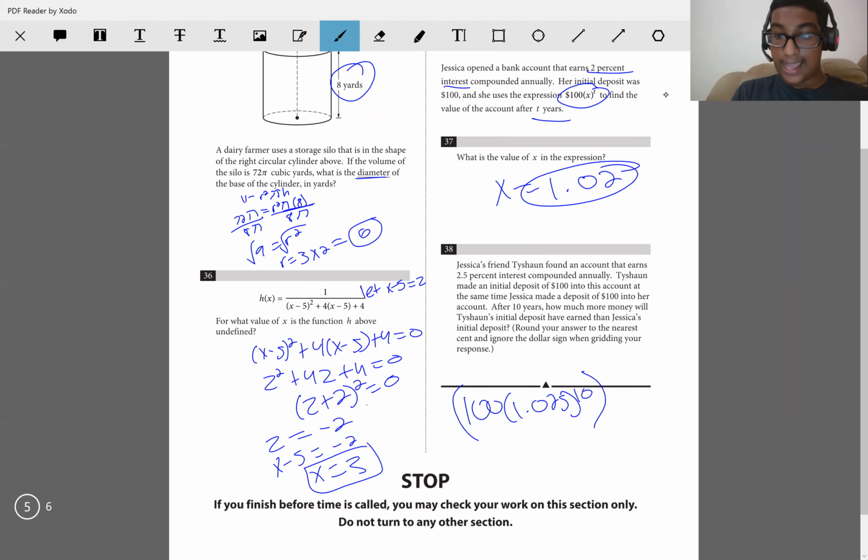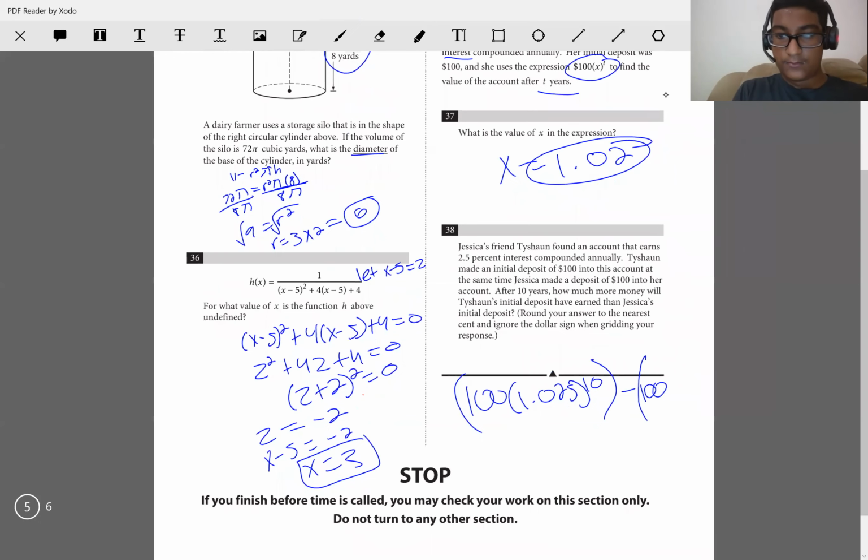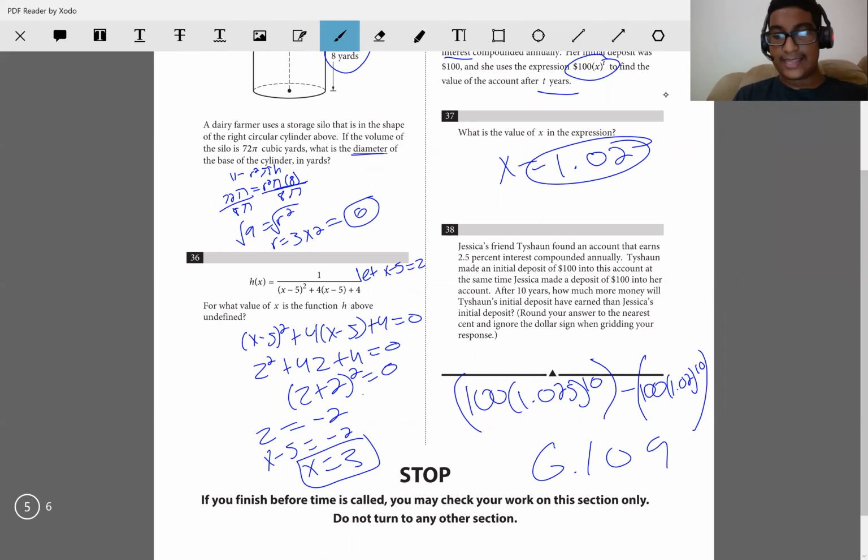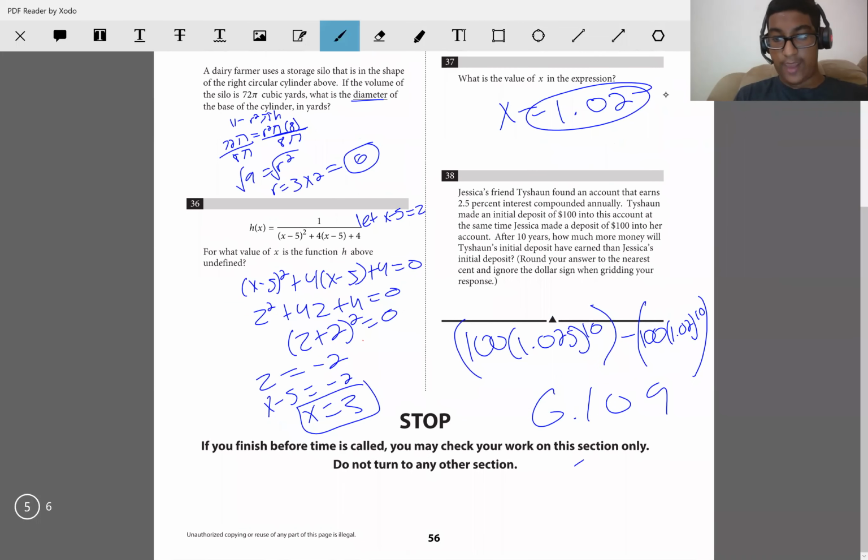So this is how much Tyshawn has now, minus how much Jessica has, which is 100 times 1.02 to the 10. If you subtract this, you get an answer of about 6.109. It says we round to the nearest cent, so your answer is $6.11, and you just write 6.11.